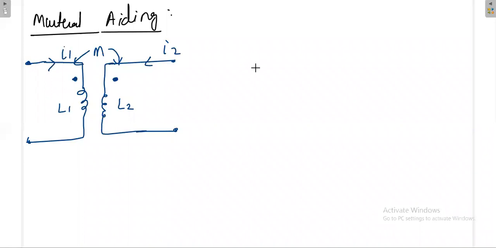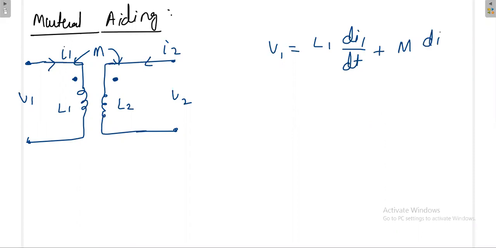Once you write the formula directly, say this is V1 and V2. V1, the voltage at the primary, depends on L1 di1 divided by dt, but also on the mutual inductance, M di2 divided by dt.